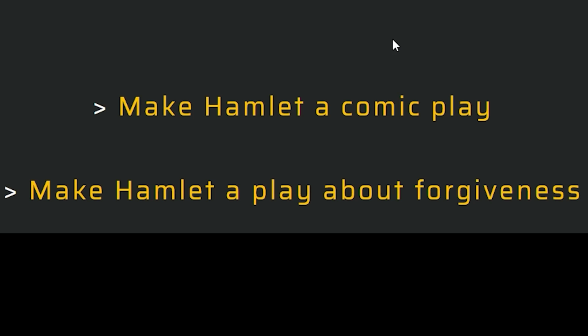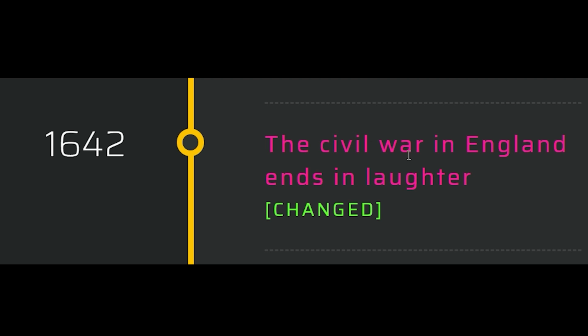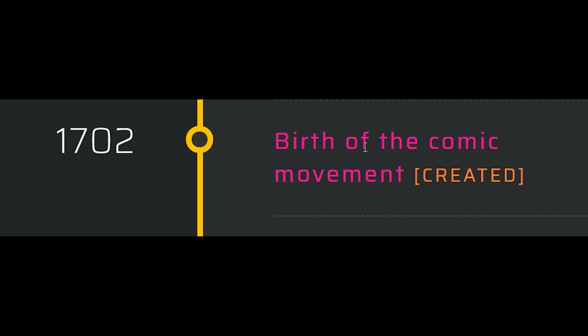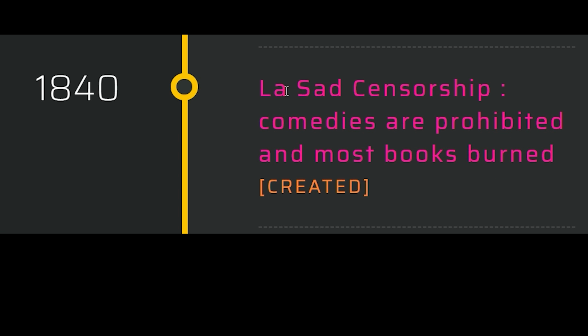All right, so we're gonna turn Hamlet into a comic play. To be or not to be, that is the joke. Okay, so he writes Hamlet's eggs and makes the world laugh. The civil war, what? In England ends in laughter. So we've stopped the internal conflict in England faster. Birth of the comic movement in 1702. The last laugh, epidemic of laughs in the world. Laugh censorship.